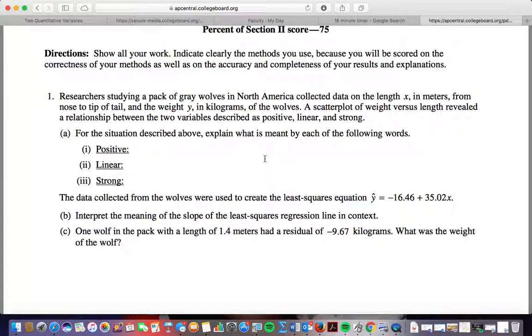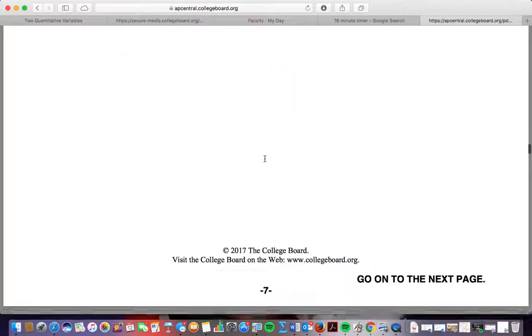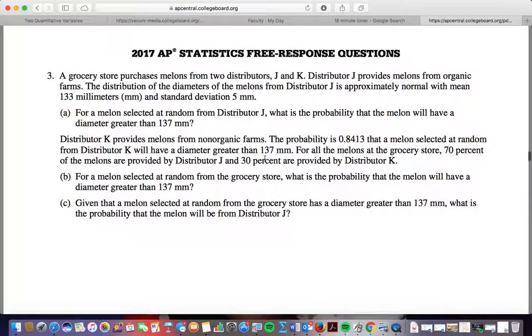That's his height. That's his height. Weight of the wolf was 55. So what's his actual... Okay, so that's just 3A.